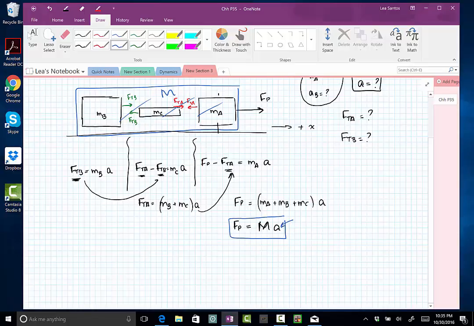Once I find the acceleration, that is very easy. I can go back, find the tension force in B, and use this acceleration either here to find the tension force in A, or into that equation. Either one would give me the tension in A.